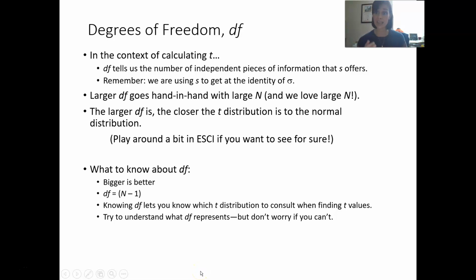So in the context of calculating our t statistic from a t-distribution, degrees of freedom is going to tell us the number of independent pieces of information that our standard deviation offers. Generally, larger degrees of freedom means larger n, and the larger our degrees of freedom are, the more closely t approximates the normal distribution.